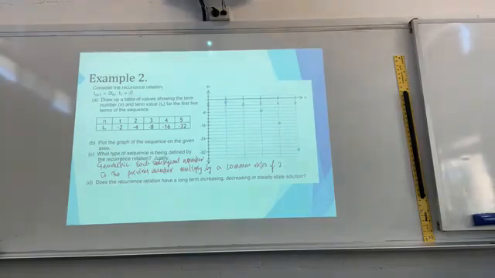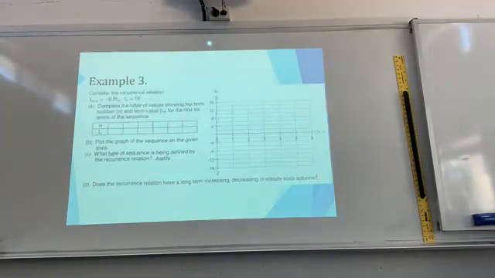Alright? So does the recurrence relation have long-term increasing, decreasing, or steady state? Decreasing because it's approaching negative. So it's long-term decreasing. Alright? Let's go to example 3, which is question 3, please.